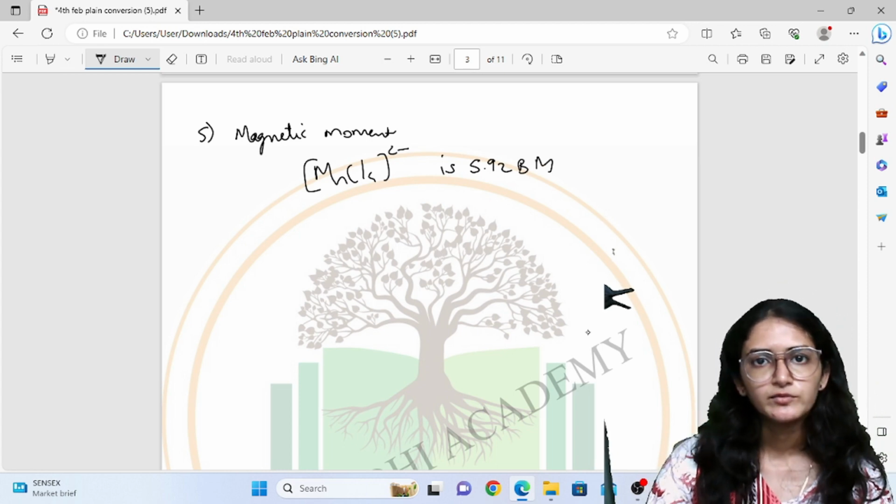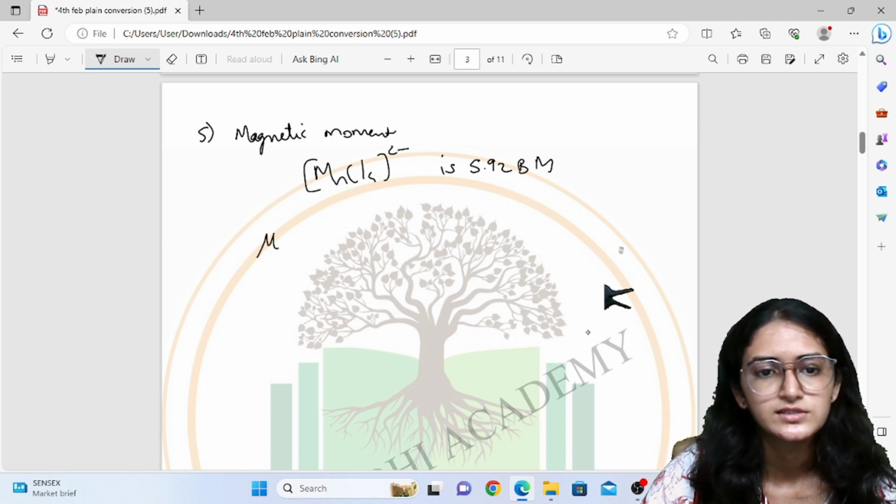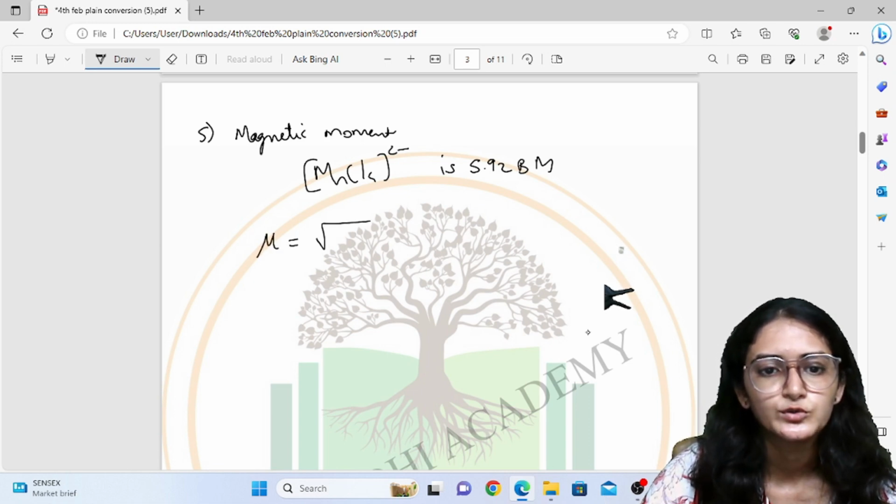Give a reason. Now there is one formula to calculate this magnetic moment. So let us see that formula. Magnetic moment is denoted by mu, which is equal to root of n into n plus 2.